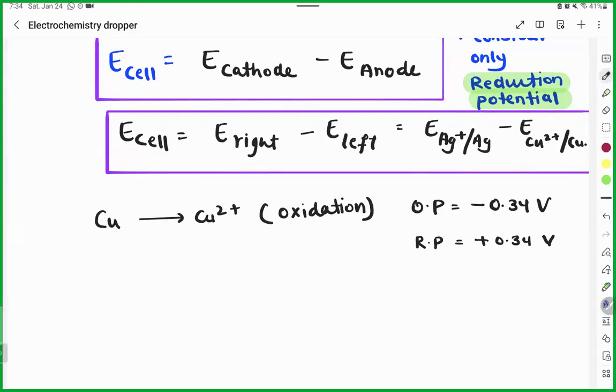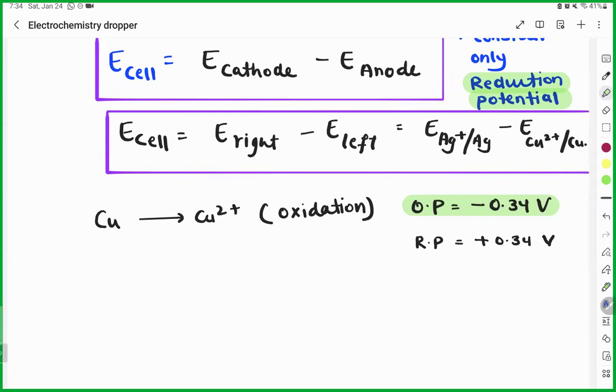Here the oxidation potential value was given, and you will get confused. I know in future you will have more confusion based on oxidation potential and reduction potential. Sum it up in one line: for E cell, always use reduction potential only, and if oxidation is given, convert it into reduction by the negative sign.